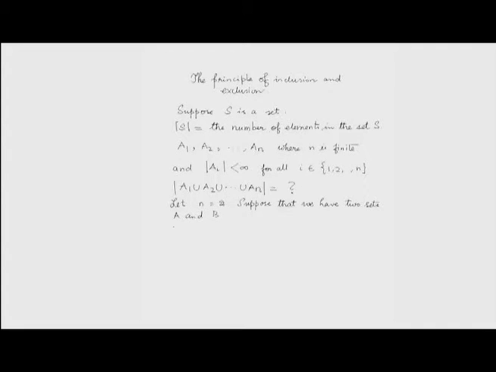Now, we have this result: number of elements in A union B is equal to number of elements in A plus the number of elements in B minus the number of elements in A intersection B. The question is, how do we prove this result?